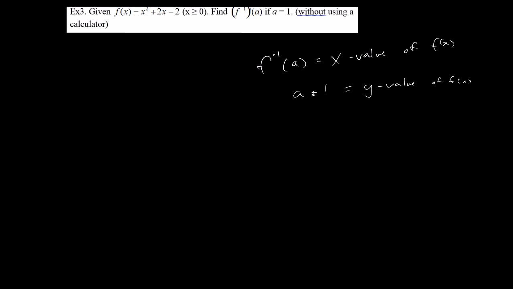So first off, what do we need? We need two things. We need to find f inverse of c, and we need to find the derivative of our function. So step 1, derivative of our function, 2x plus 2. Nice. Step 2, find our f inverse of a. Well, we said that was equal to our x value, so we need to solve for x.